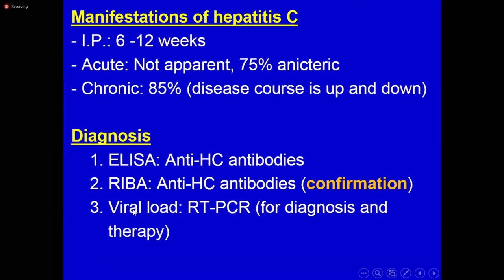Also, we can detect the virus itself by real-time PCR. By detecting the viral load, we can diagnose and follow the treatment of the patient. So for diagnosis and follow-up, real-time PCR.